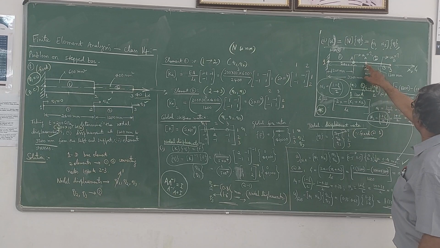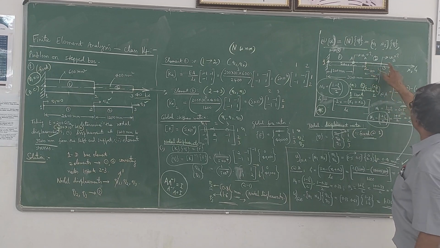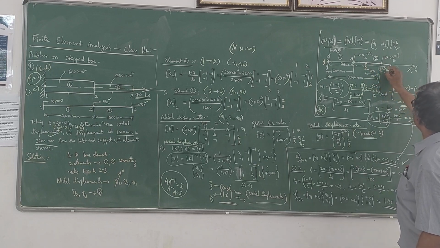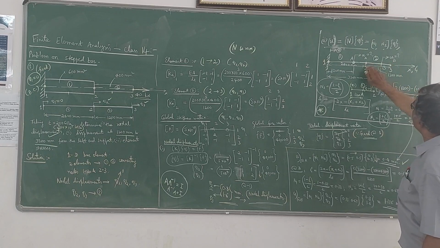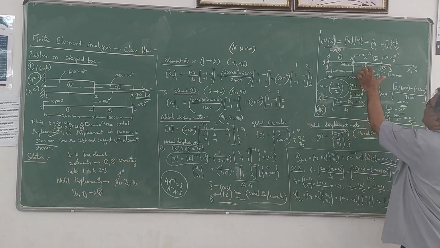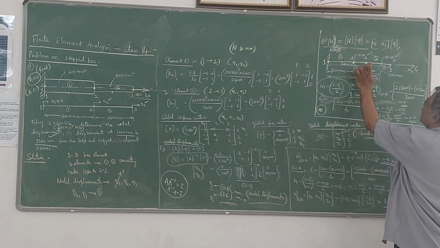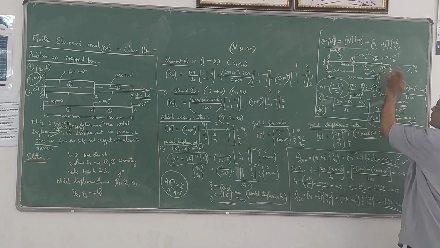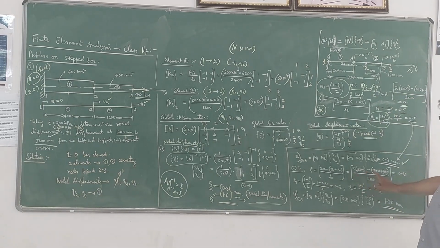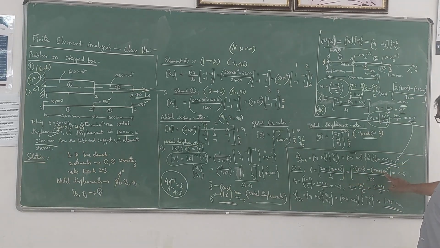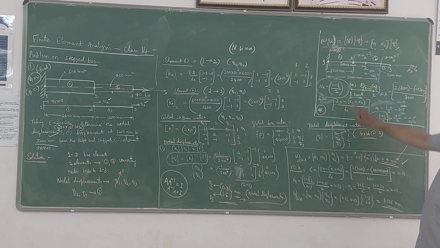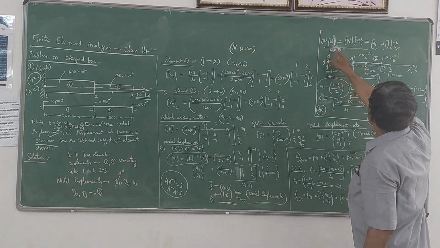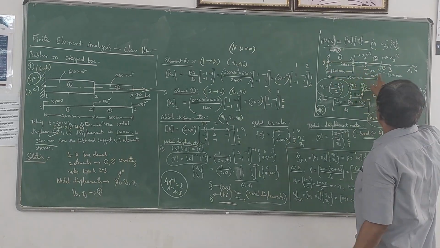Now this becomes x1, this becomes x2 because this is the second element. So the second point B lies in the second element. So x1 will be 2400, x2 will be 2400 plus 1200, 3600. Please note here, x1 is 2400, x2 is 3600 and x is 3200. So from this end, B is at a distance of 3200.